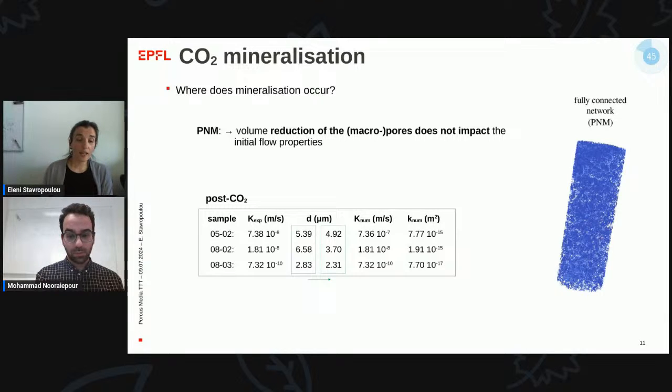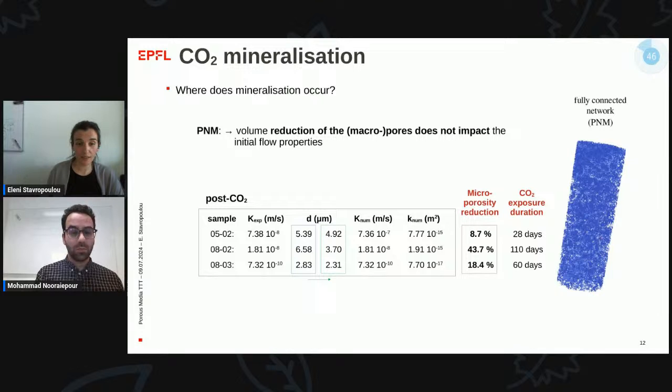On the contrary, to reproduce the post CO2 exposure results that we obtained in the lab, the only way to do it from this double scale model is by reducing the micropores that we have added, and this can mean that we need to perform a reduction by as much as even 43% in diameter, which is quite significant.